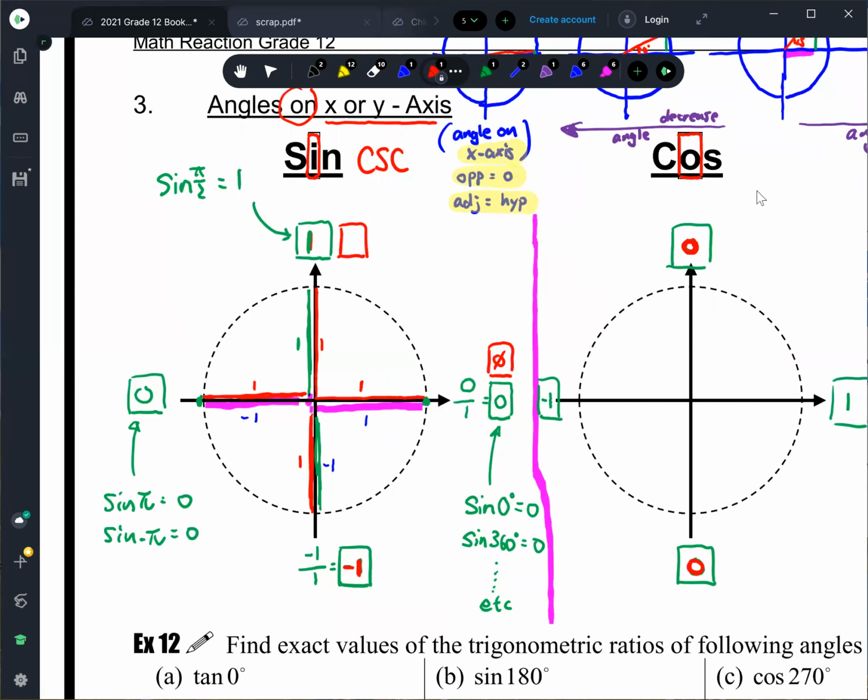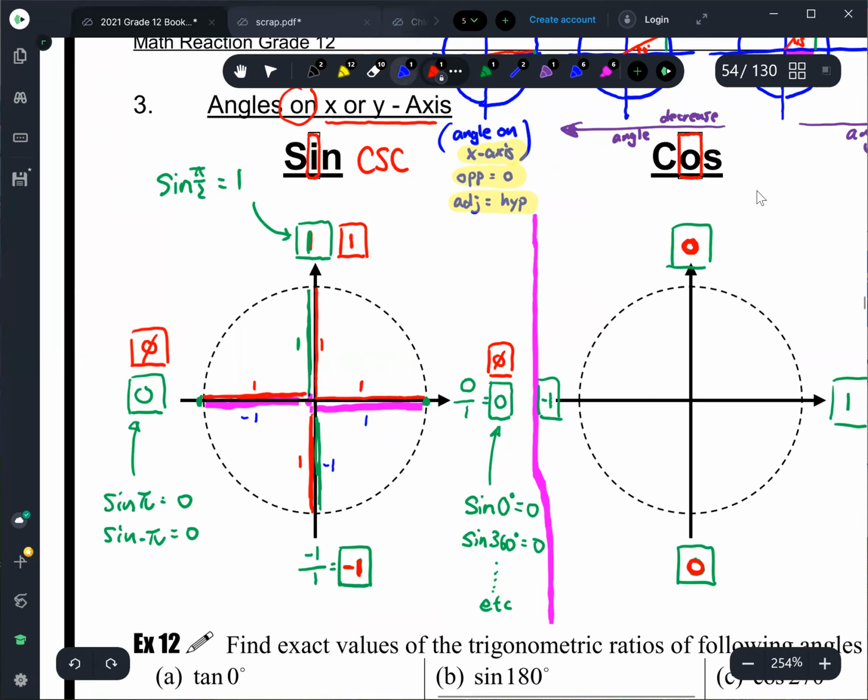And then for 90 degrees, cosecant, if you flip 1, 1/1 is still 1. And then the next one, undefined. You flip the original ones. And then cosecant of 270 degrees will be -1, because when you flip -1, it's still -1. Any question? Okay, those are for cosecants.